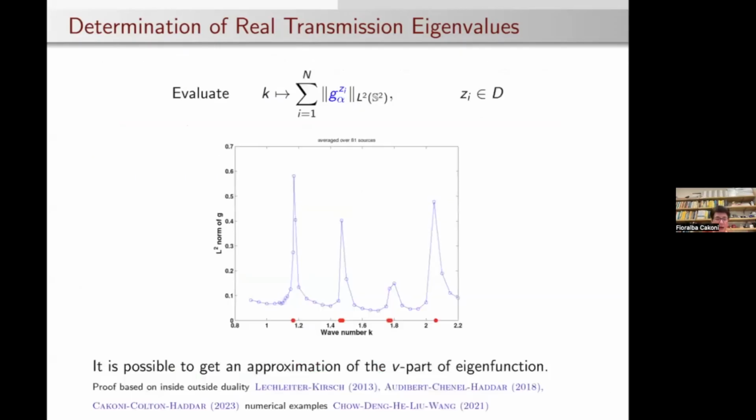So this is the way how we determine real transmission eigenvalues.